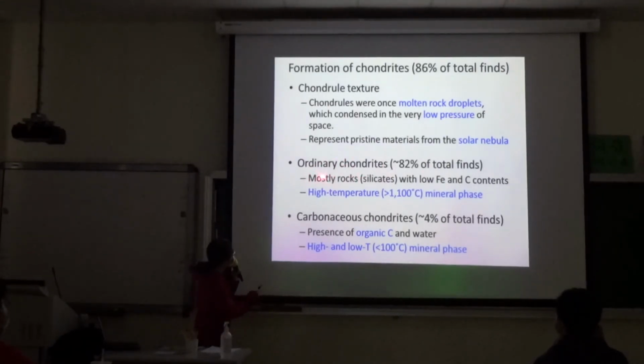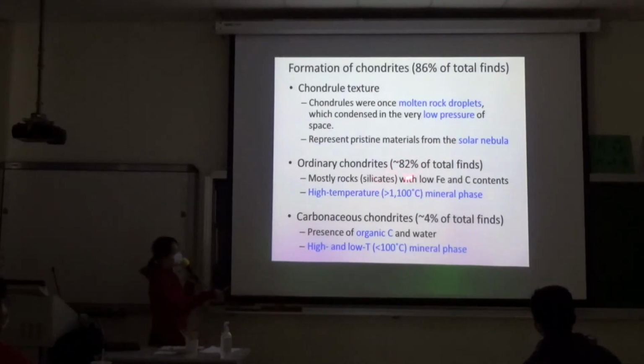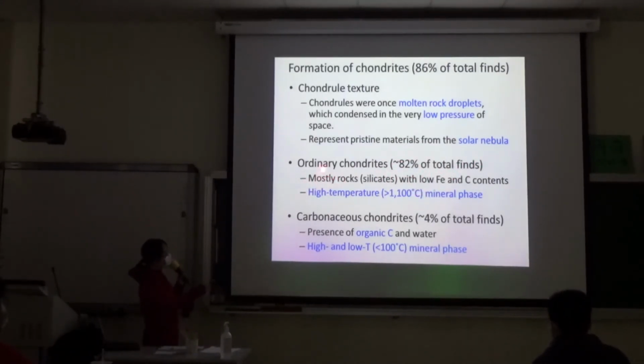Ordinary chondrites are the most common chondrites, 22% of total finds. They are mostly rock, silicates with low iron and carbon contents, and have a high temperature mineral phase. Carbonaceous chondrites have organic carbon.